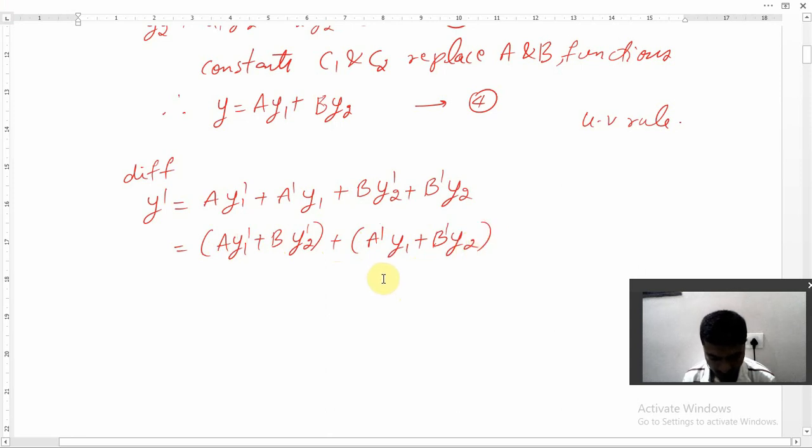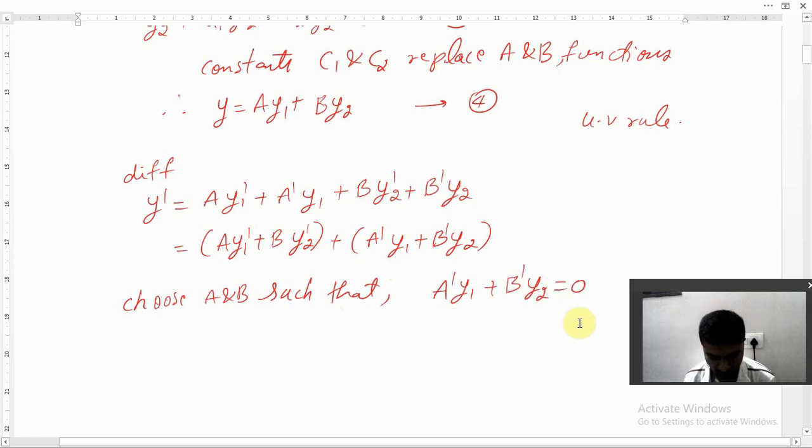So now we shall choose a and b such that, for my solution, I'm just going to take the value directly. A dash, I don't want this value, so that I should get the solution. So I'll just make this as 0 and I'll keep this as equation number 7.